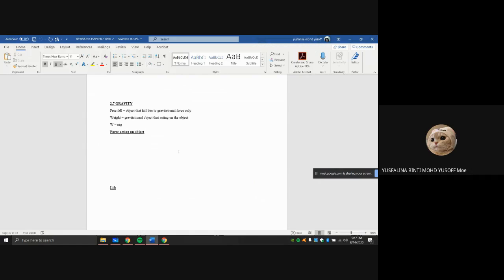When an object is said to be in free fall, that means the object falls only due to the gravitational force. Usually they give you a question, let's say there is a coconut that falls down, and it asks you what is the constant value for the coconut. Because you know the coconut falls due to the gravitational force, the gravitational acceleration must be the same.